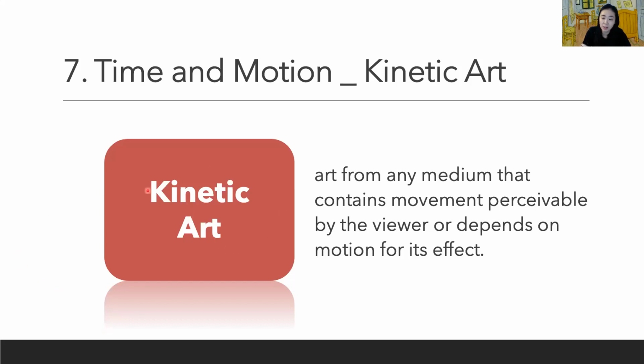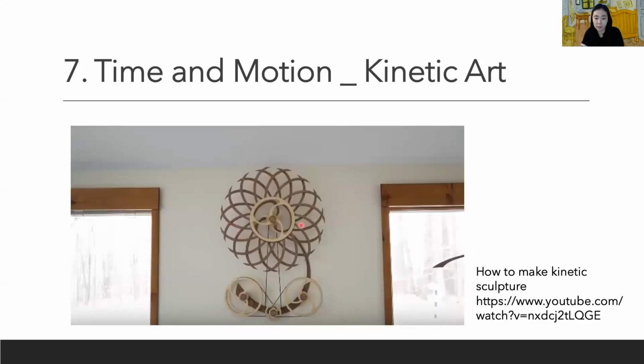So all kinds of movable art pieces are called kinetic art. Like this. This sculpture is actually physically moving. There is a video about kinetic art in the Moodle room.